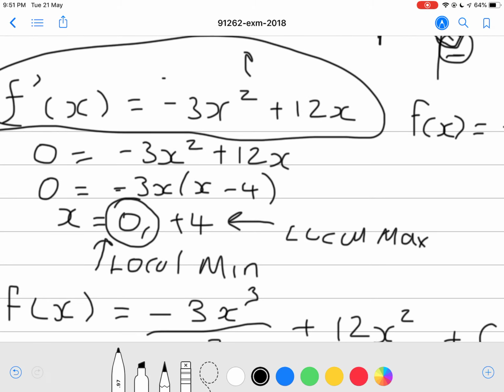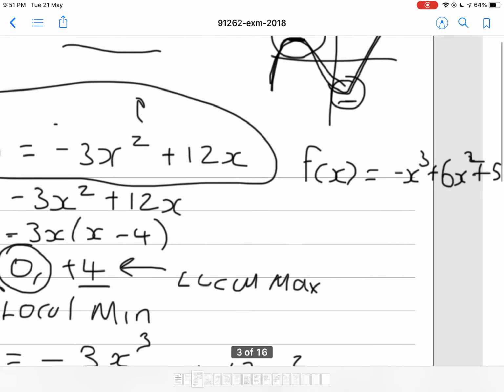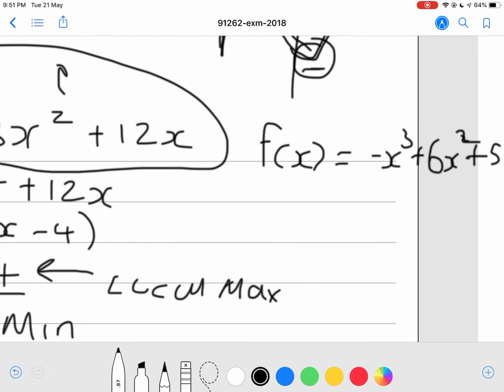Now we found that the local maximum occurs when x equals 4. So simply, we're going to substitute x equals 4 into this equation.